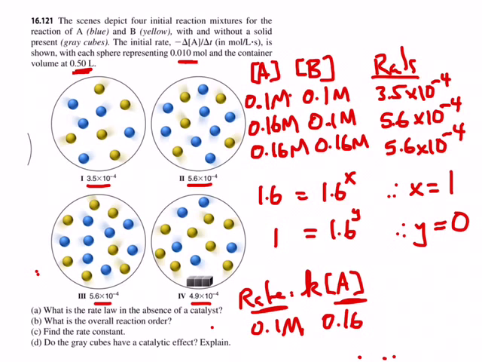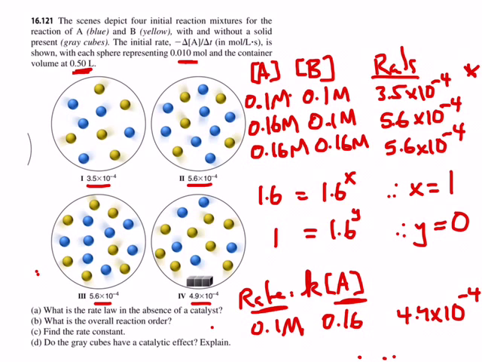And then the rate is 4.9 times 10 to the minus 4. So did those gray blocks act as a catalyst or not? Well, we know that the rate is equal to k[A], and the A there is 0.1 molar. So the rate in this fourth trial should have been the same as the rate in trial 1 if only the concentrations of A and B were considered.